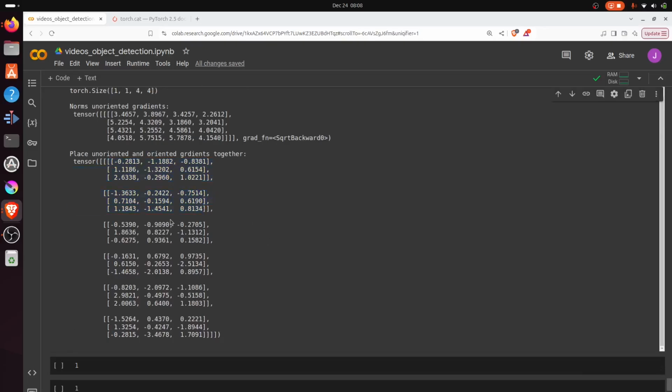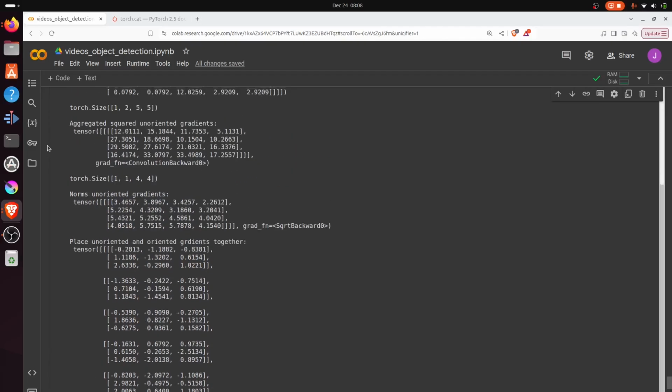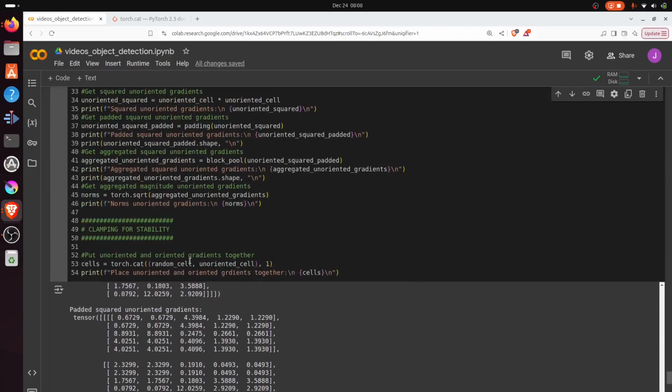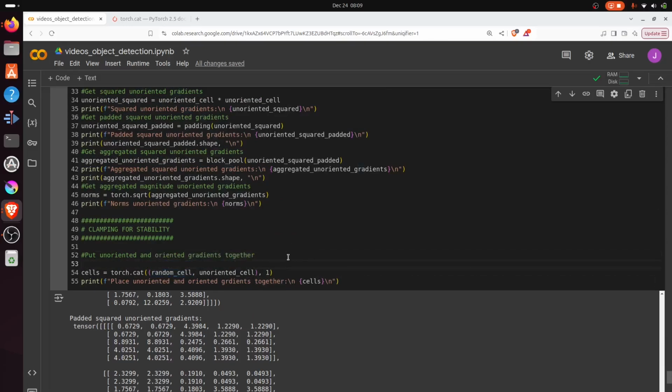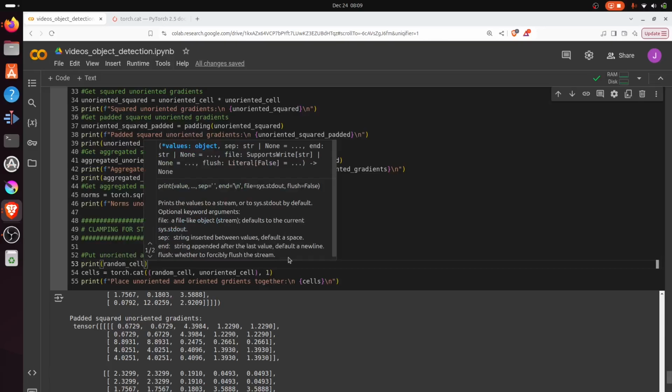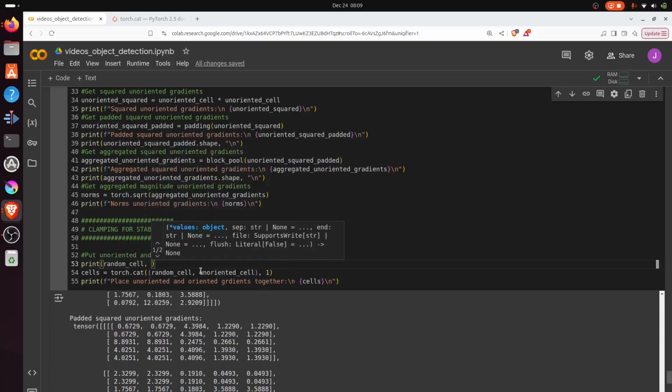Okay, let me just, for reference, print them out so that we can see them and compare. So let me print here before random cell and an oriented cell.